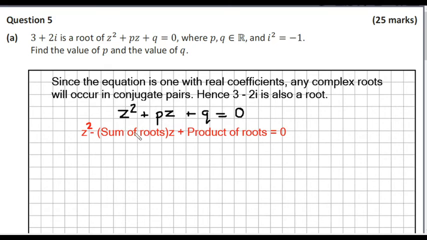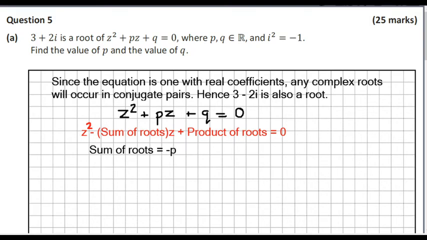So I know that the sum of the roots in this case is not going to be p. If that was minus p, then yeah, the sum of the roots would be p. But in this case it's going to be minus p, because minus p then would give me plus p. So I know now that the sum of the roots in this particular case has to equal minus p.